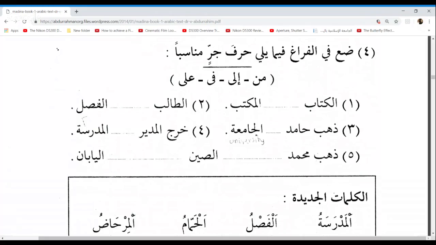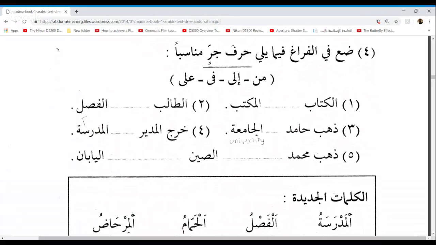ذهب محمد. So what does al-sinu mean? What does the last word mean? As-sinu and al-yabanu. We've taken both of these words quite frequently throughout today's lesson.